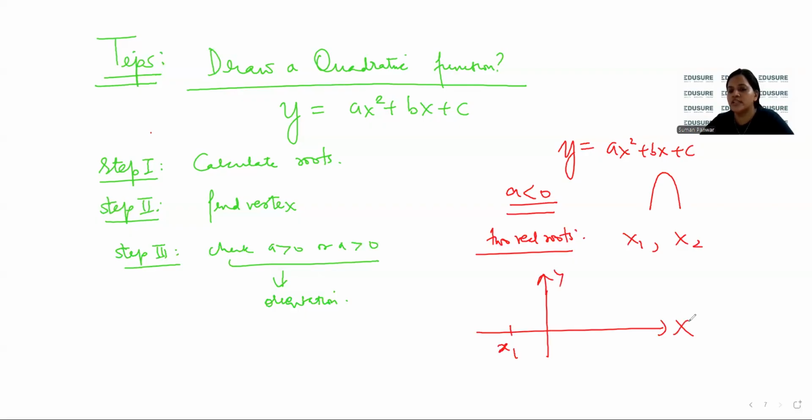Suppose one real root is this. Suppose another real root is this. Suppose here is my vertex V. Okay, and so my parabola will be something like this. So it is very easy to draw the diagram of a quadratic function because we know how to calculate the roots of a quadratic equation. Now we know how to calculate the vertex. So once we know the vertex and two roots, we are sure and clear what is going to happen.